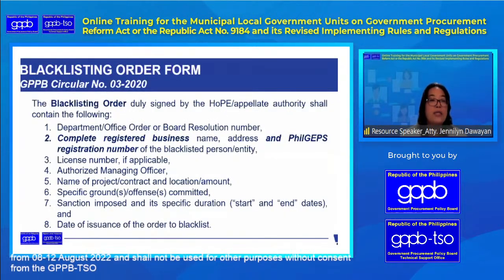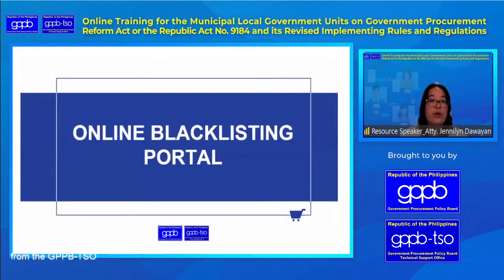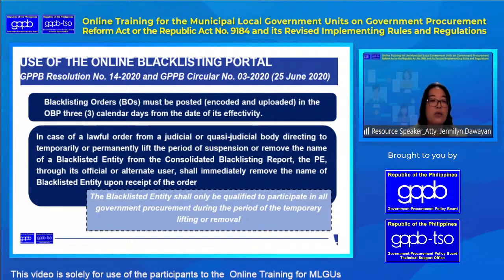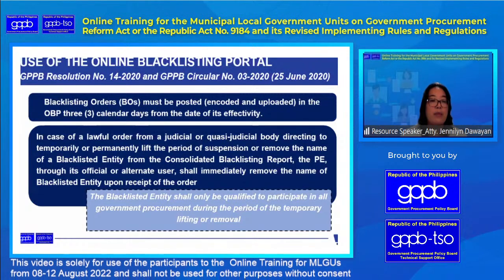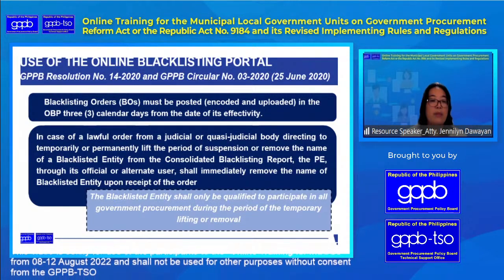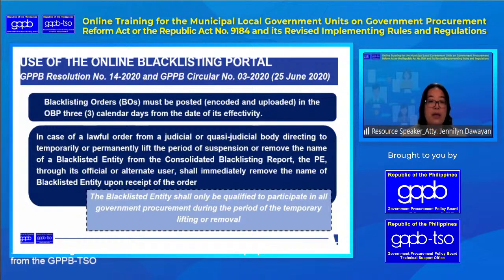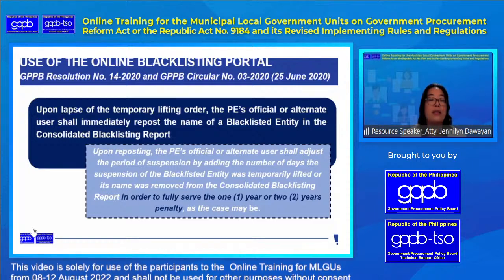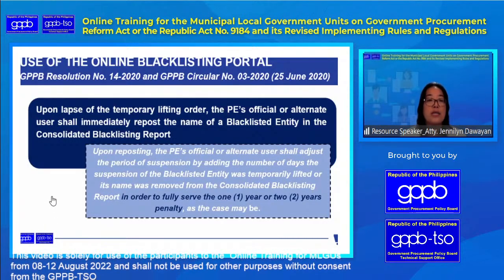And in case of a lawful order from a judicial or quasi-judicial body directing temporary lifting of the period of suspension or remove the name of the blacklisted entity, then it will be removed in the meantime while the case is pending, no, kung merong order po ng judicial body or quasi-judicial body. So upon the lapse of the temporary lifting order, the procuring entity, ibabalik po niya at i-repost niya ulit yung name ng blacklisted entity doon sa CBR.